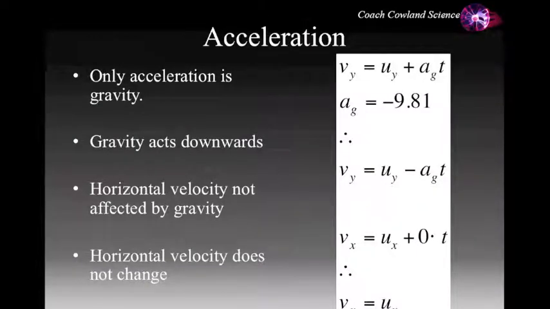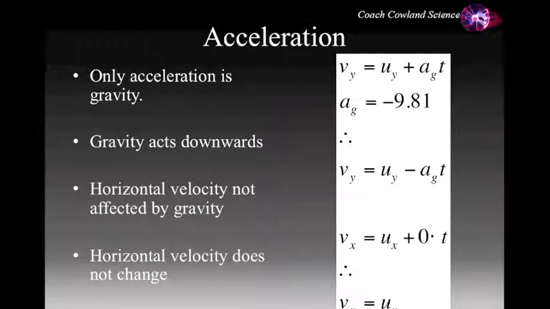First, let's look at acceleration. We know that the only acceleration is gravity, and that gravity acts downwards. This means that there isn't any kind of horizontal acceleration. If we first look at this in the vertical, we'll see that the final velocity v of y is always going to be less than the initial velocity u of y because acceleration is negative.